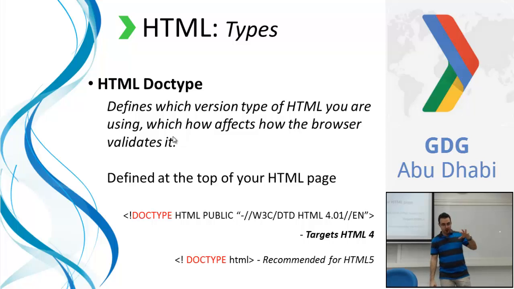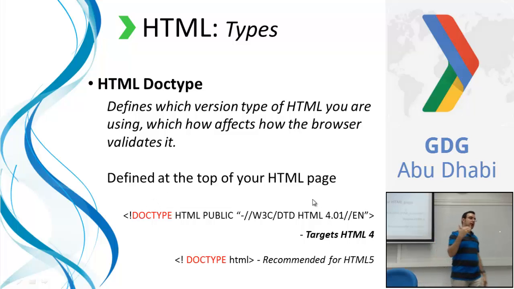So since HTML is based on XML, we need to tell the browser that is opening the website that this page is HTML, not XML, so it knows how to parse it and understand it. So before the HTML tag, we just give a tag which is called doctype, and there we can define this.